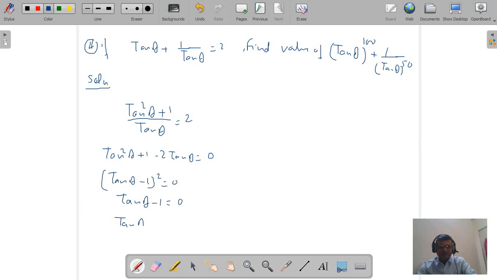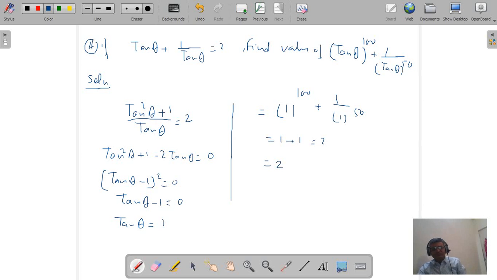So the value of tan theta is going to be equal to 1. Now put it here. So it is 1 to the power 100 plus 1 to the power 50. So it is 1 plus 1 which is equal to 2. So the value of this is going to be 2. So you can see how easily we have solved this question. Now we are moving to one more question.